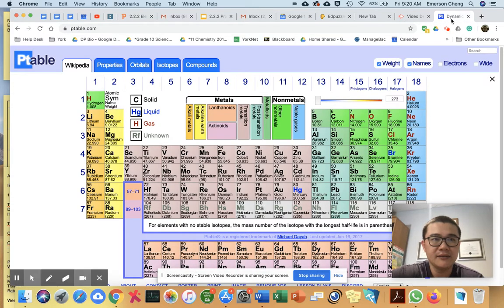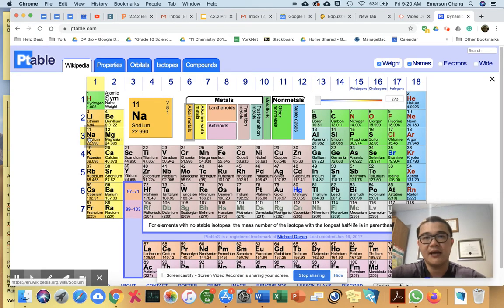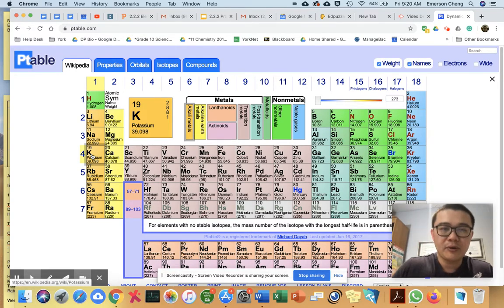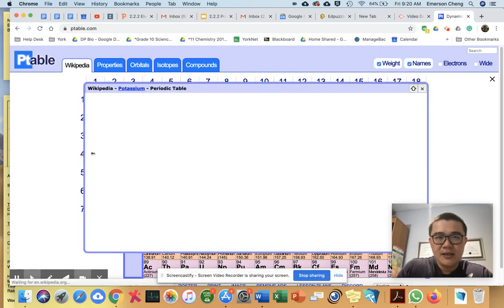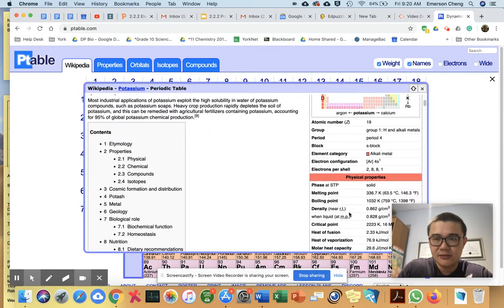I went to the dynamic periodic table, and this is nice because you can actually see the electrons being laid out here. So this will be the first shell, second shell. I know they don't show the 3d and 4s, but if you remember correctly, the one here on the bottom is the one that is in 4s.